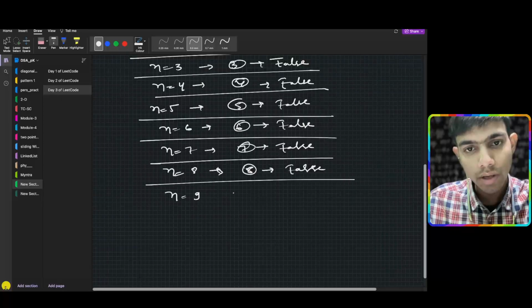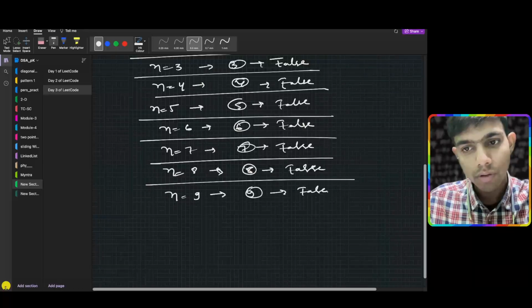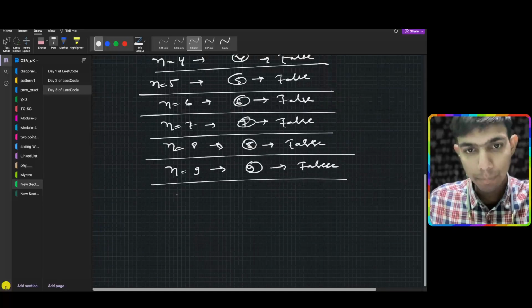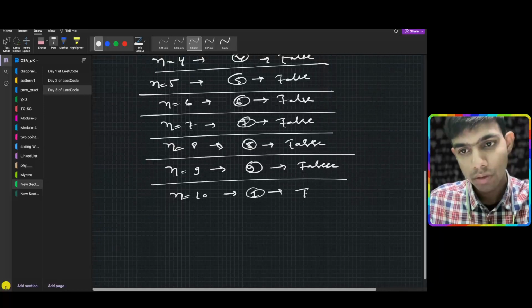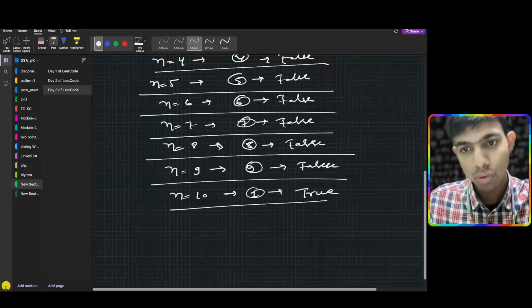N is 9, ending with 9, that means false. N is 10, ending with 1, true.